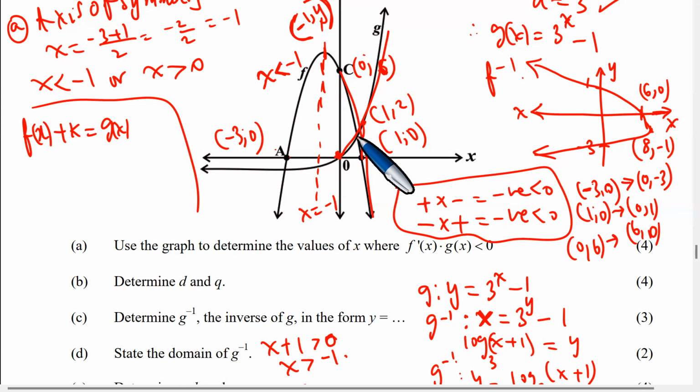Now, you can move it up or down. If you move it up by exactly 6 units, because it is at 6 here, and then you move it down, it's going to be here.